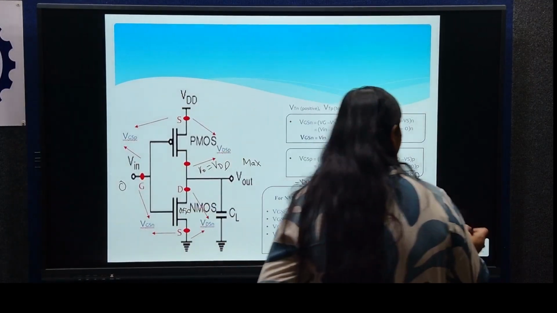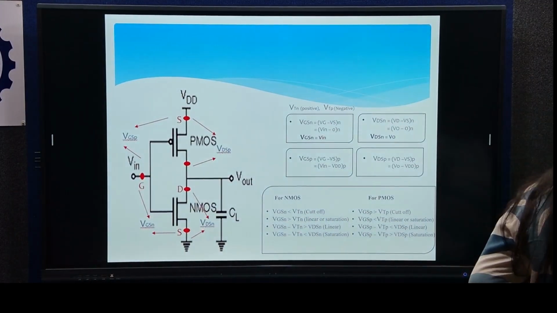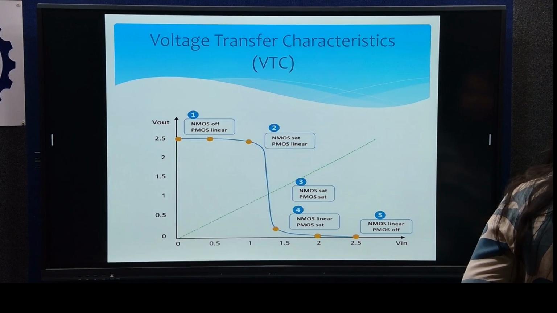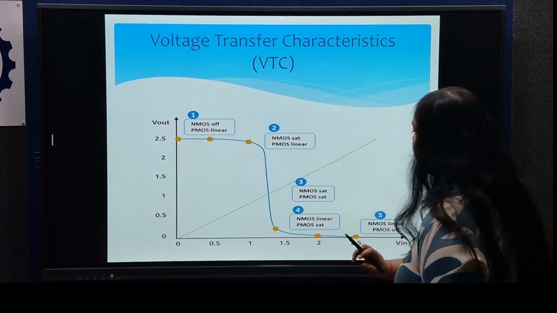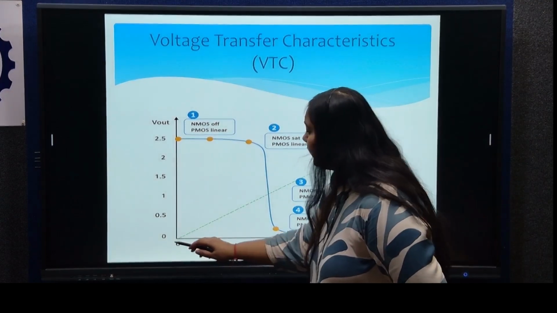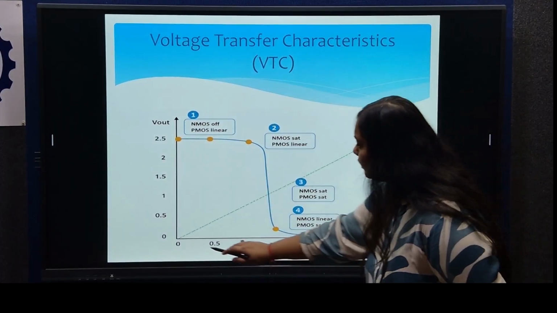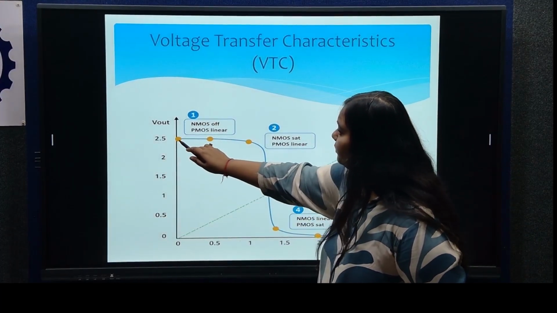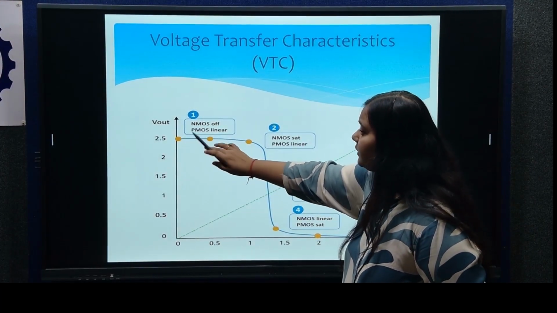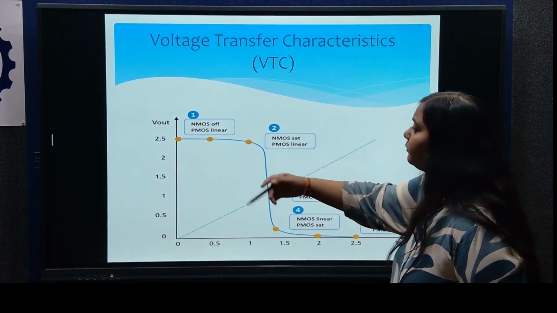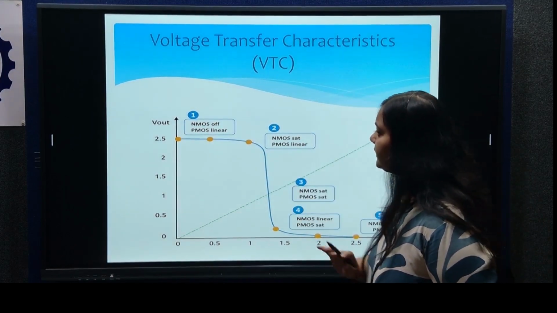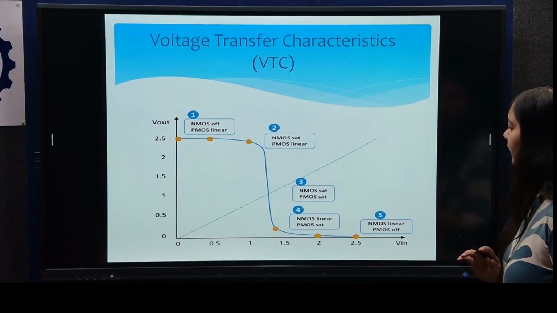Right? So when we apply input 0, we will get the maximum output. In that case, NMOS will be off, and on 0 input, NMOS will be off and PMOS will be in linear region. We have also proved that.